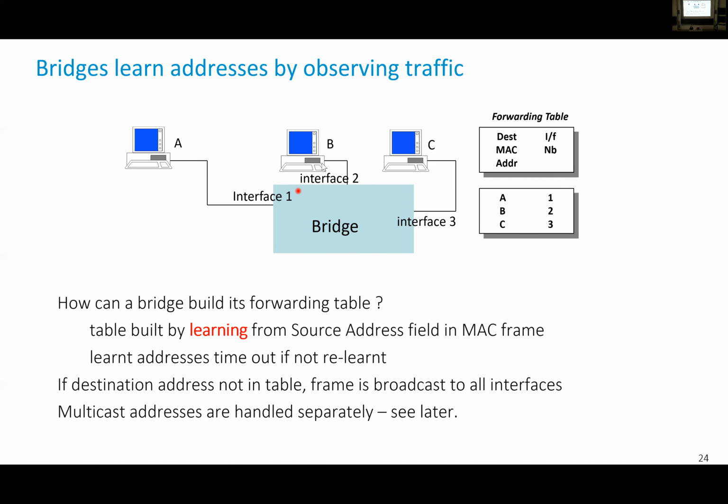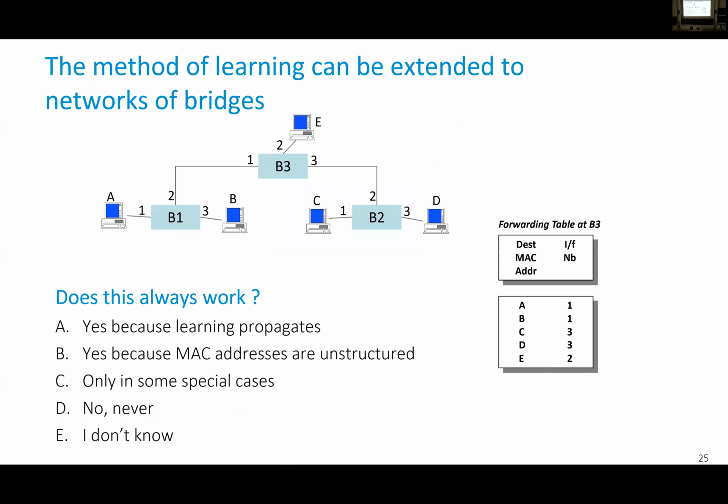Even if A has nothing to say to B, A will send an acknowledgement. So A will somehow reply, and then the bridge will see, oh, now I have a packet with source address A on interface 1, and I write this here. So this is how bridges learn. They learn promiscuously. They just watch everything that happens, and they learn where things are. This is how they can be plug and play.